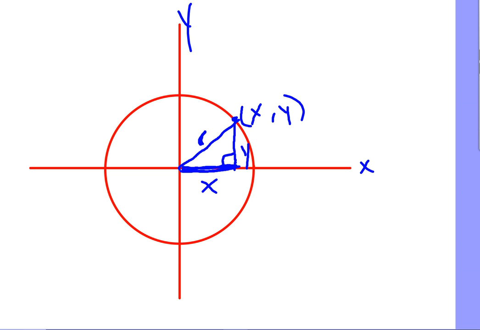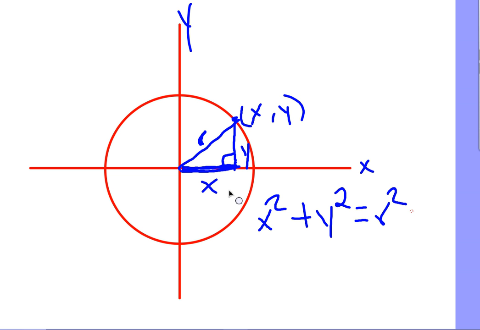The center point is just 0, 0, so the distance is x and the distance is y. The equation for this type of circle is going to be x squared plus y squared. What does the Pythagorean theorem say? a squared plus b squared equals c squared. So a squared is x, b squared is y, and r squared is c. This is where the standard equation of the circle stems from.